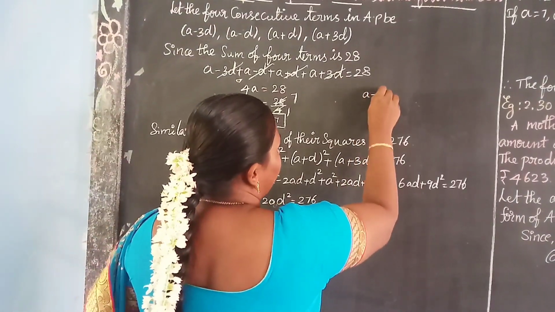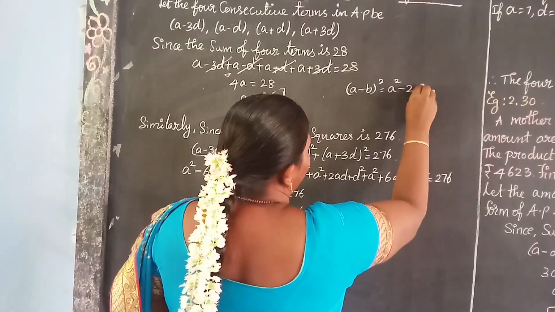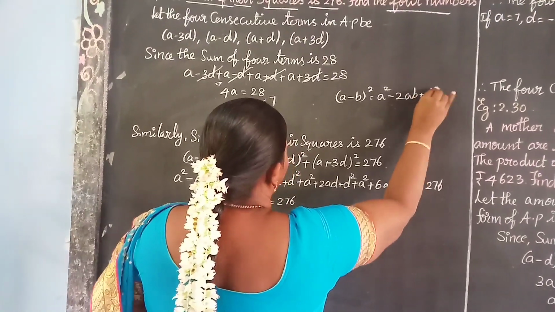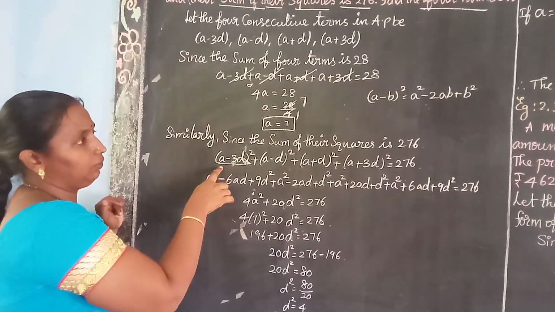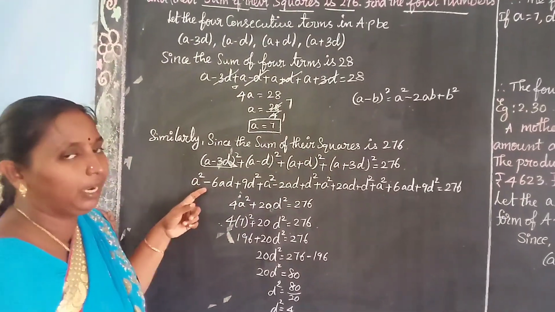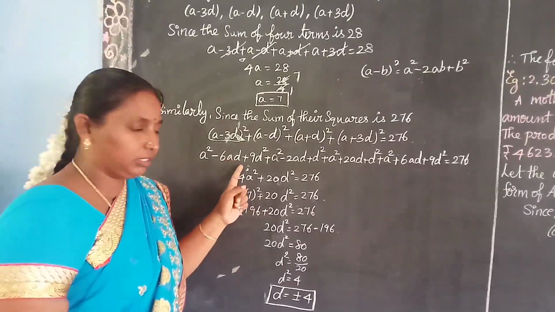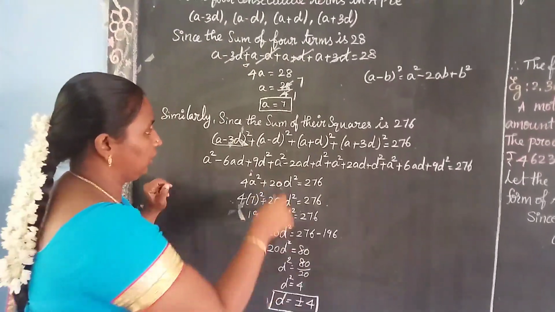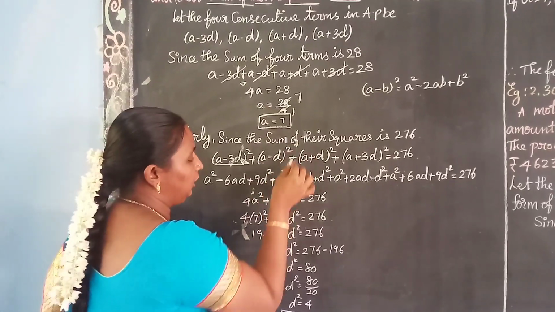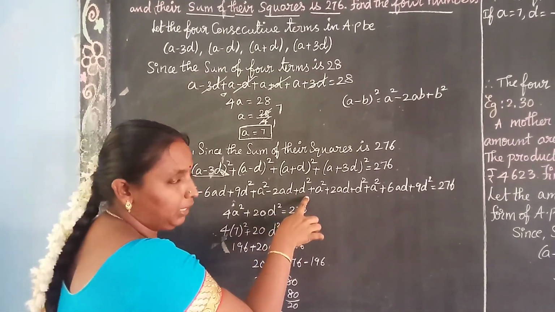What is the formula for a minus b whole square? a square minus 2ab plus b square. Instead of a you have a only, instead of b you have 3d. If you expand with the algebraic identity, you will get a square minus 6ad plus 9d square. If you expand a minus d whole square, you will get a square minus 2ad plus d square.